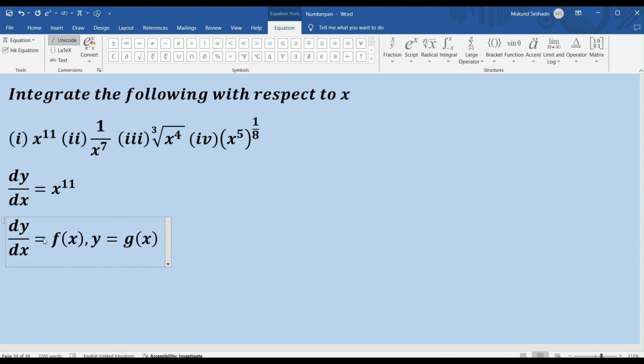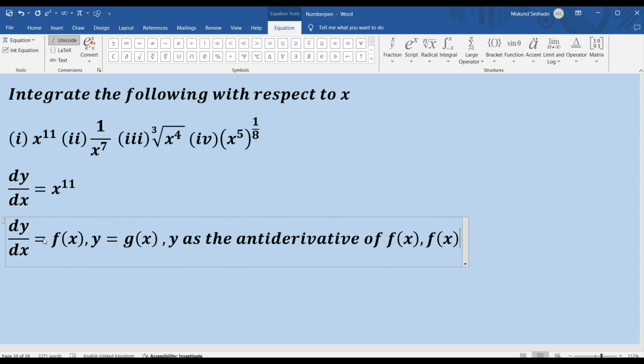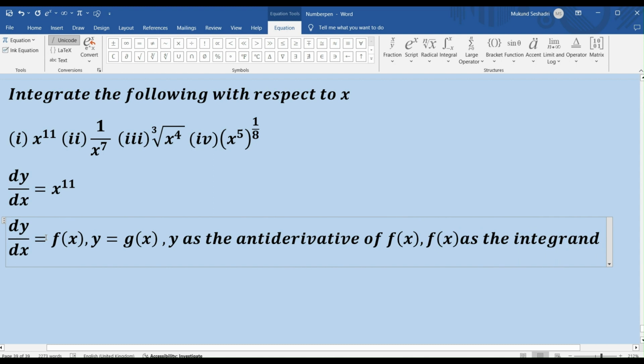In the world of integral calculus, we call y the antiderivative of f of x, and we call f of x the integrand. This process of finding y is often called integration or sometimes even antidifferentiation, and we call this particular process the Newton-Leibnitz integral, right?